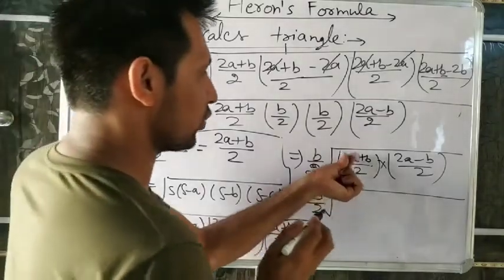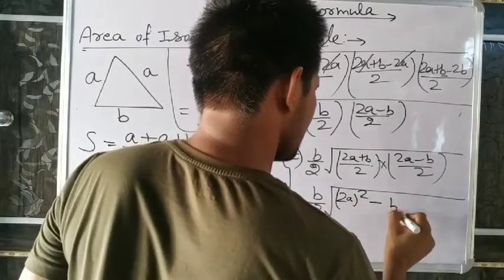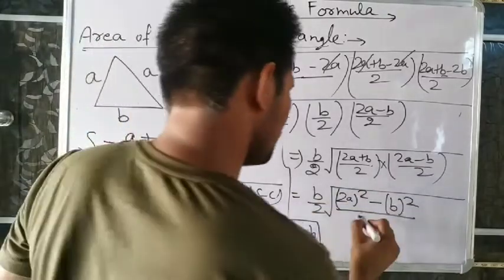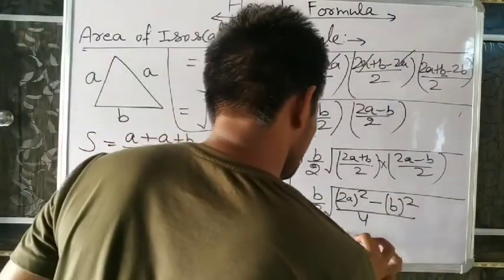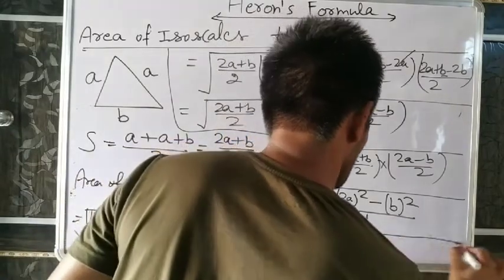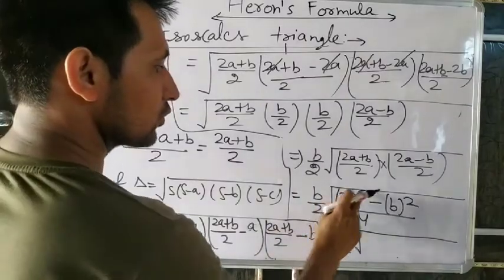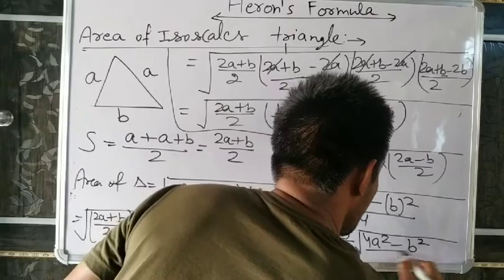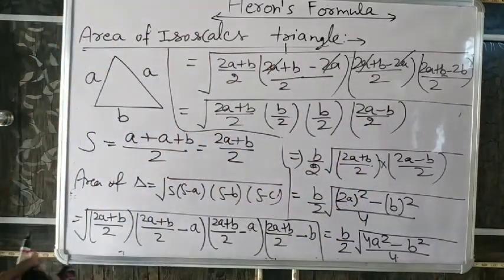So 2a square, 2a square minus the second number square, minus b square. Divide by 2 into 2, 4. Understand? Now next step, b divided by 2. Now what remains? 2a square, 2 square 4, 4a square minus b square, divided by under the root 4. Next, only one step is left now.